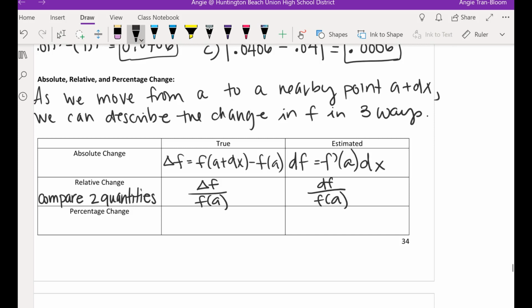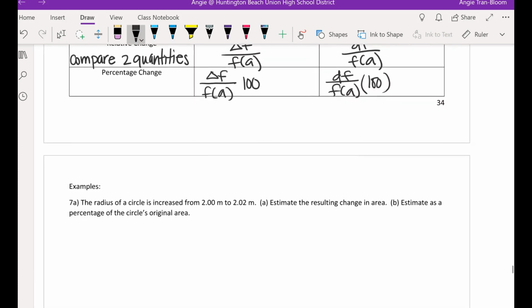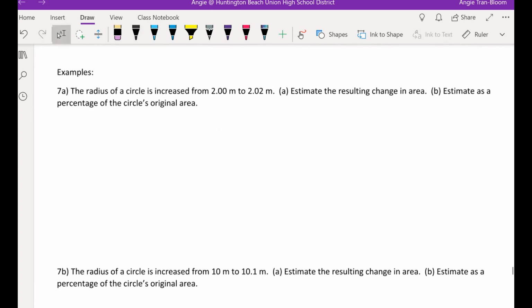Then percentage, that's normal. We multiply everything by 100. So the change in f divided by f of a, and then times 100. Same thing over here, df over f of a times 100 if you want to know the percentage. Okay. All right, let's see what that is going to be used for.